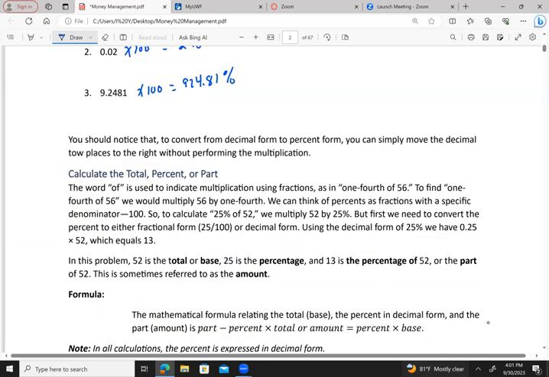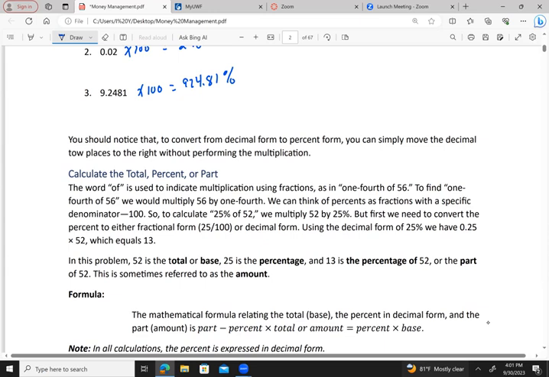So to calculate the total percent or part, the word of is used to indicate multiplication using fraction, as in 1/4 of 56. To find 1/4 of 56, we would simply multiply 56 by 1/4. We can think of percents as fractions with a specific denominator, which is 100, of course.